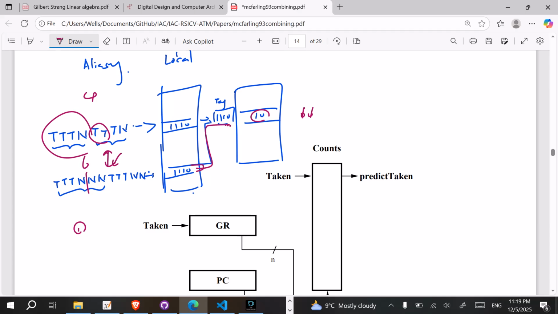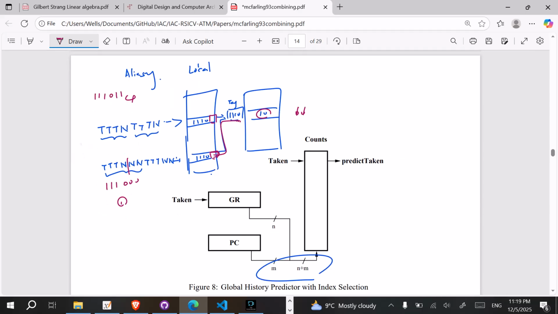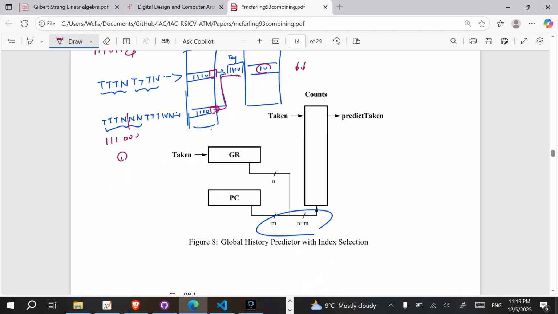As you can see, now it becomes 1 1 1 0 1 1, and that's different from 1 1 1 0 0 0. Or even just increasing by 1 bit may be helpful as well. That's helpful. But if we already have a lot of bits and we don't want to increase the memory, the other way of doing it is what you call index selection.